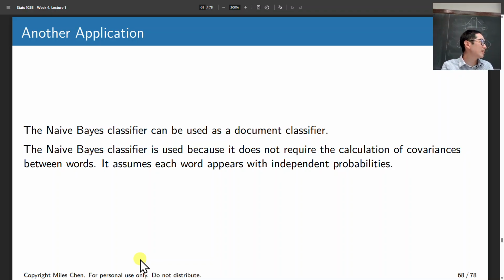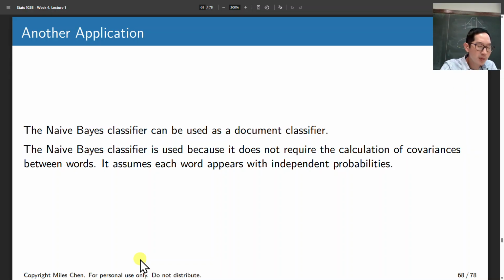Like if you had to take a document and classify it into, is this document about sports, or is this document about politics, or something like that? Here's an article, and if you don't know anything about it, do we have a way to classify different documents?